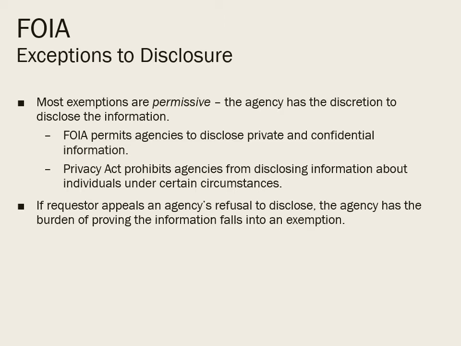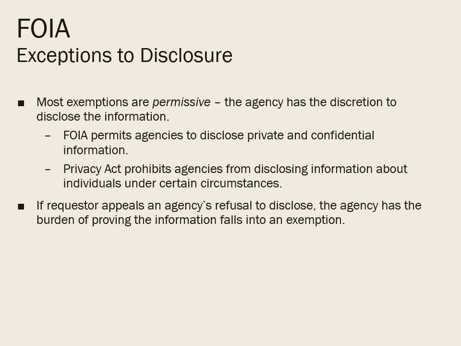So that means that the agency has the discretion to disclose the information if it falls into one of those exemption buckets, or the agency has the discretion to withhold the information. So if an exemption applies, it's really up to the agency to determine whether or not it wants to withhold the documents.